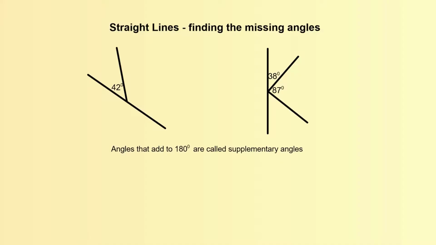Alright, straight lines. Same idea as with the right angle. We're going to split the straight line up, and you can do that in lots of different ways. The first one, we've got the straight line going across there. You can see it at the bottom. There's your straight line. So this part is 42, but the whole thing, that corner plus that corner, makes a straight line. So that's got to be 180 degrees.